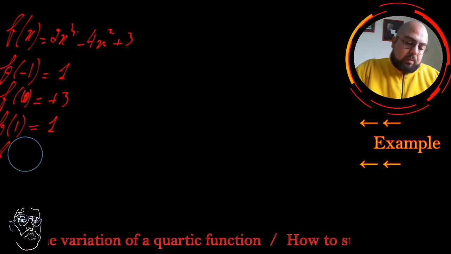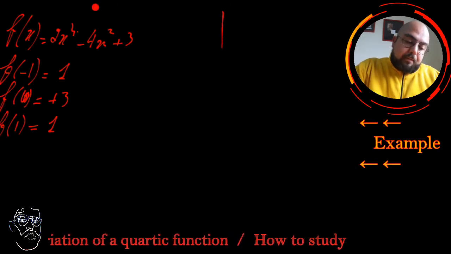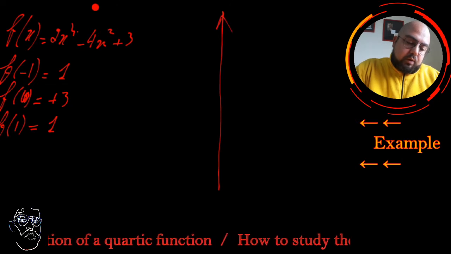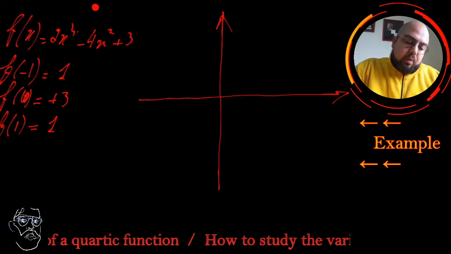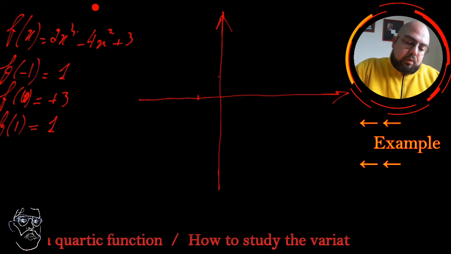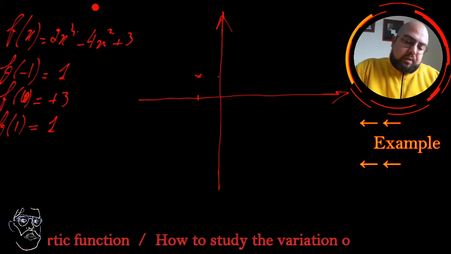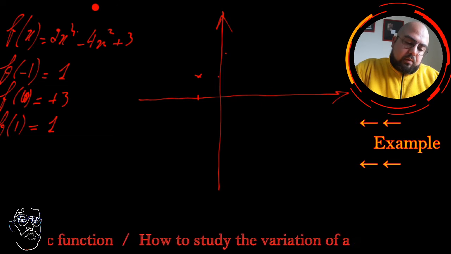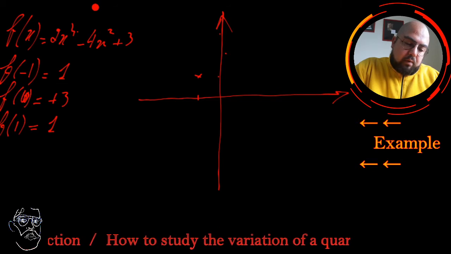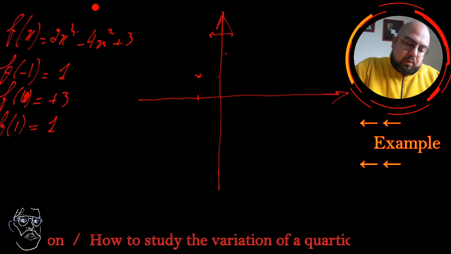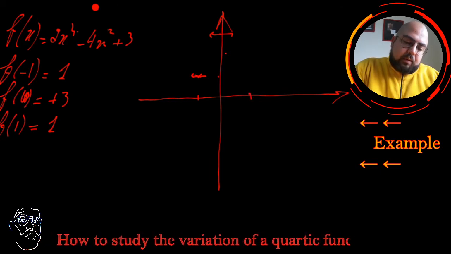So I'm going to just complete my graph taking into consideration these particular points. So minus 1 is 1. This is the minimum. For 0 it's 3. So here we have the maximum. This was the minimum. And then for 1, it's again 1.